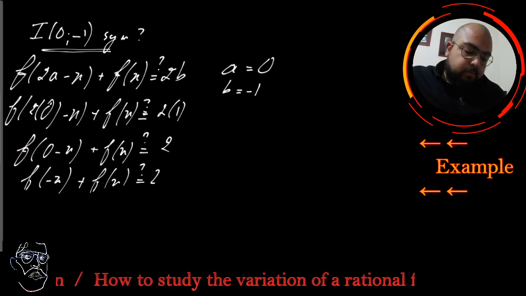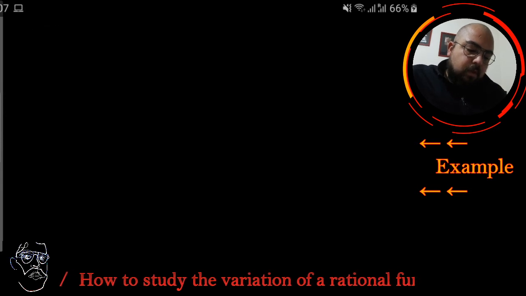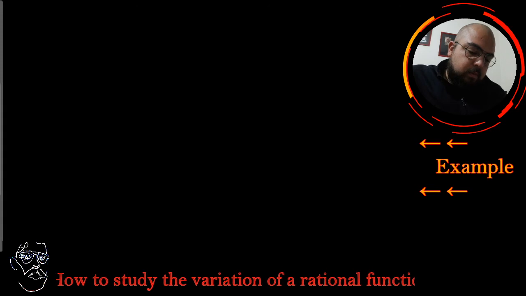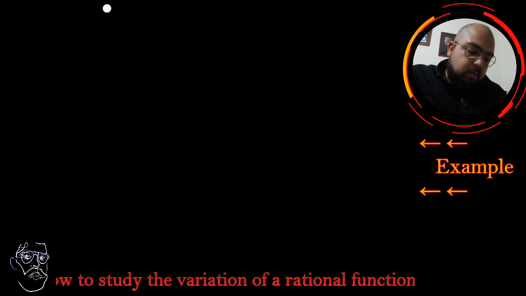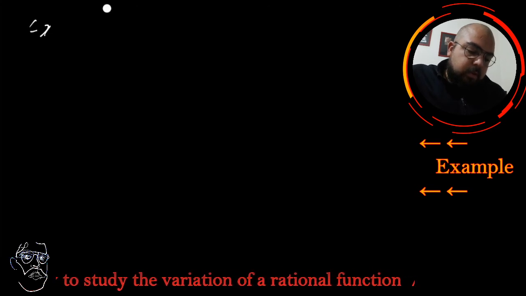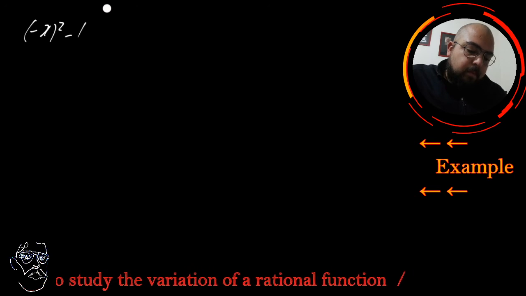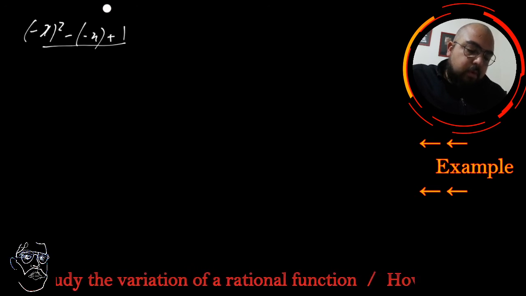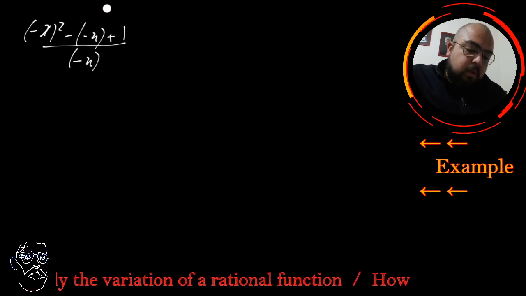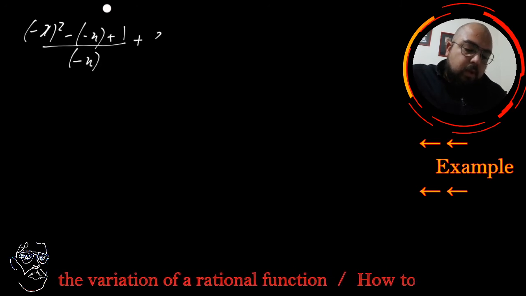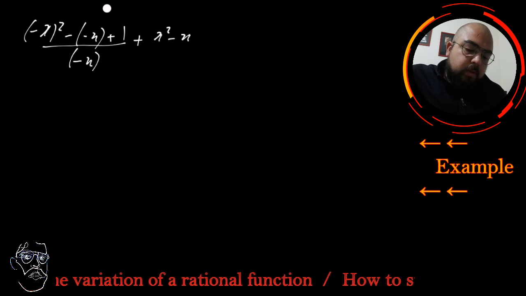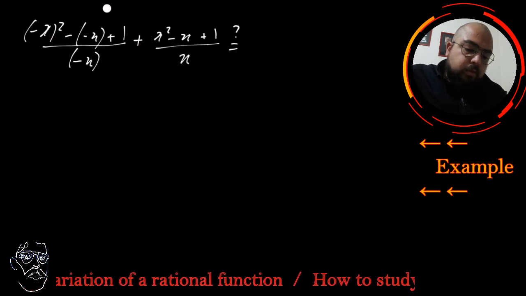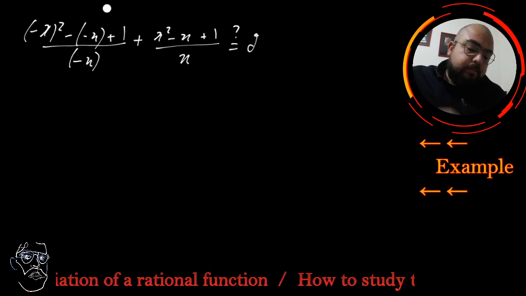So minus x to the power of 2 minus x plus 1 over minus x plus x squared minus x plus 1 over x equals 2.